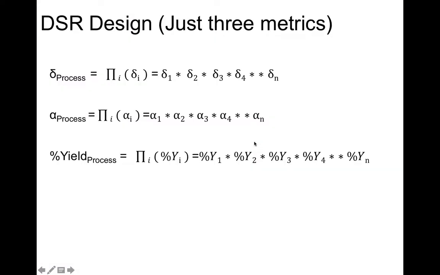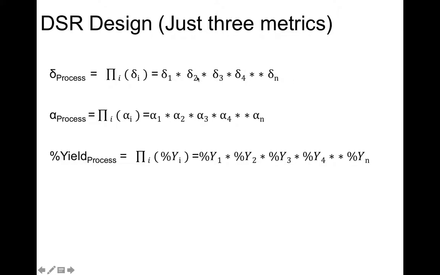And it's easy to estimate based off the steps what your overall process is going to look like. So if you have several steps in your process, maybe one's a centrifugation, step 1, maybe 2 is a chromatography, step 2, maybe 3 is a filtration, step 3, maybe 4 is a precipitation, for example. For each of these steps, you would have a delta or concentration factor, and the delta of the overall process would be the multiplication of all of the delta factors for each individual step, right?